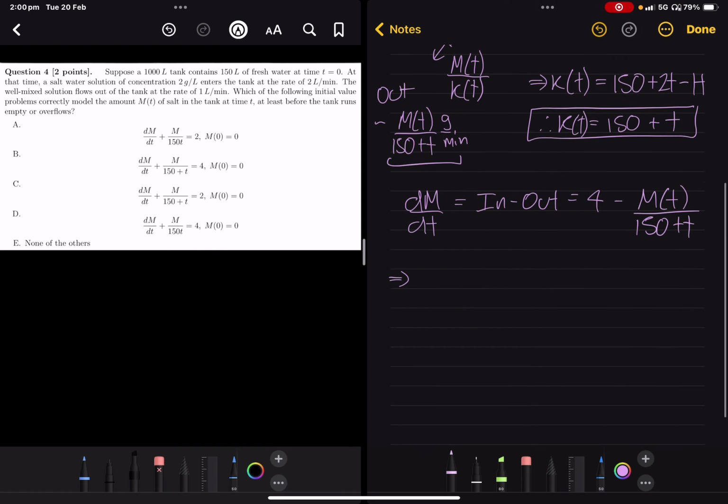If we rearrange this, we find dM/dt plus M(t) on 150 plus t is in fact equal to 4. Of the 4 equations we have here, B is the one that is most similar. B, in fact, is exactly the same as the one we have here. And so B is going to be the correct solution in this case.